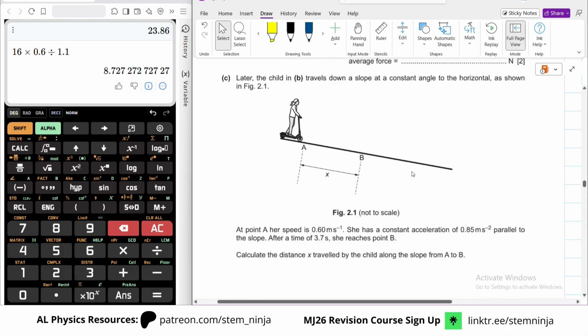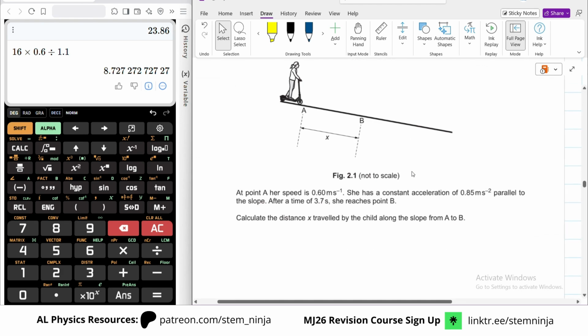Later, the child travels down a slope at a constant angle to the horizontal as shown in figure 2.1. At point A, her speed is 0.6 meters per second. She has a constant acceleration of 0.85 meters per second squared parallel to the slope. After a time of 3.7 seconds, she reaches point B. Calculate the distance x traveled by the child along the slope from A to B.